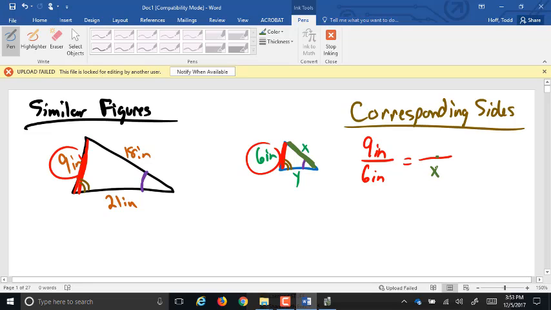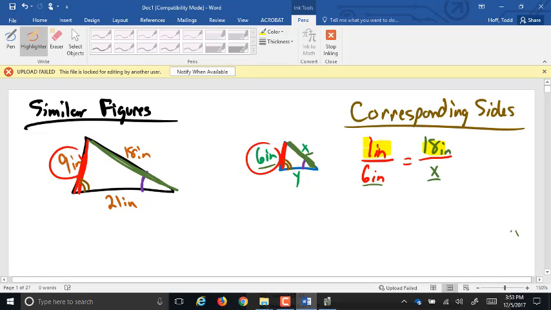Why does it go on bottom? Well, because it's from the same triangle as the 6 inches. So it has to match up with the 6 inches. What is the corresponding side in the other triangle? The 18 is the corresponding side.